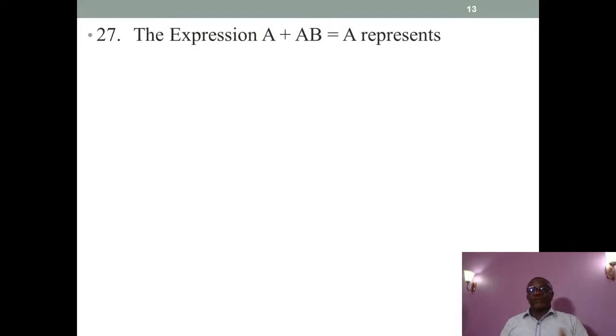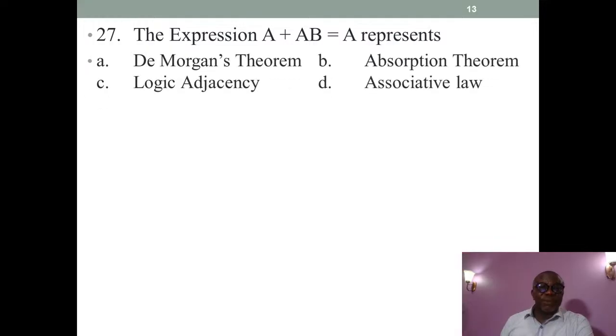The expression A or AB is equal to A represents what? De Morgan's theorem, absorption theorem, logic adjacency, or the associative law. Which one? Of course, from what we said and described, it is the absorption law.